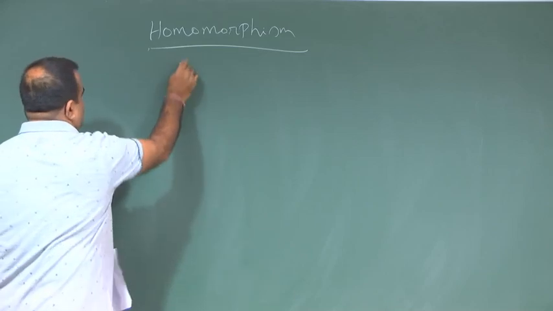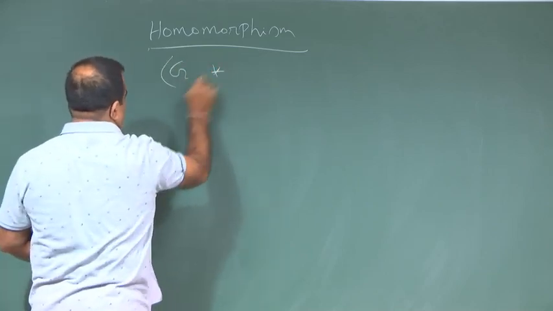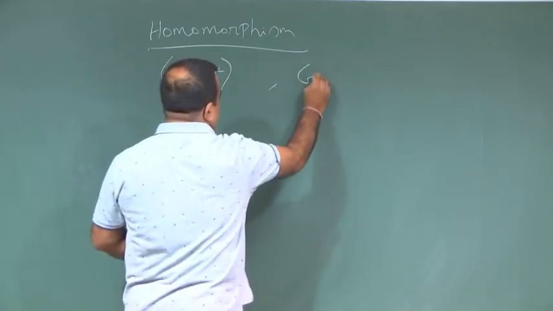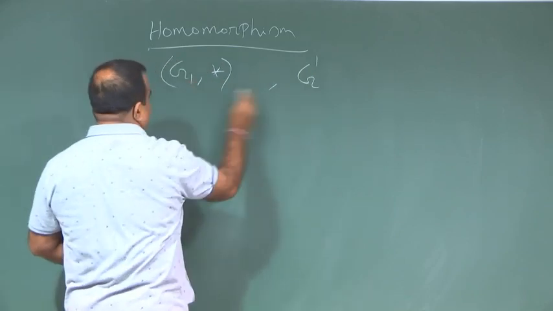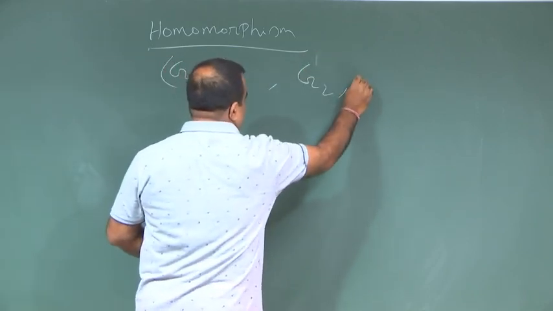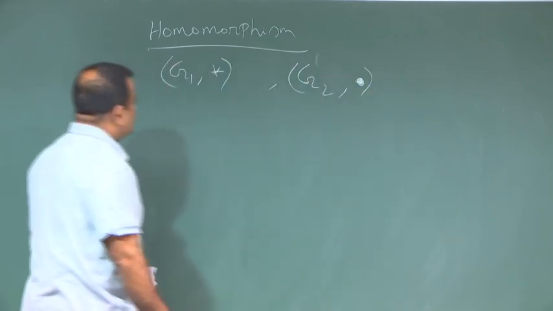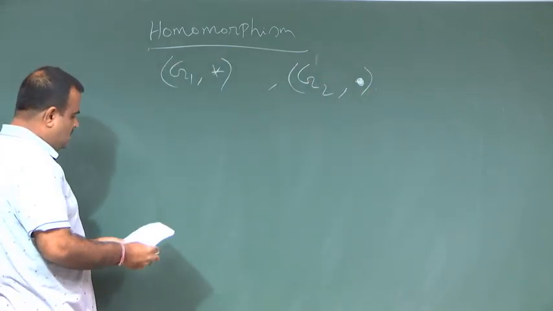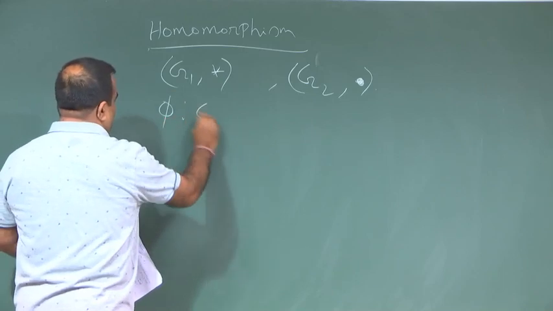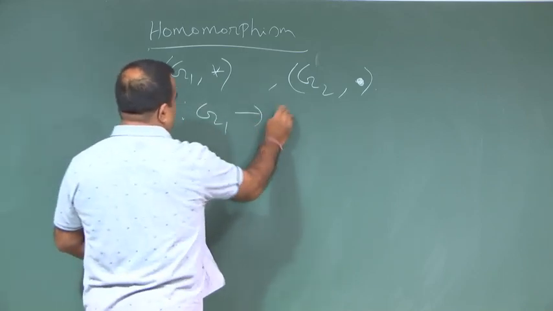Okay, suppose we have two groups, G1 and G2, with two different operators. Now, we define a function phi from G1 to G2.